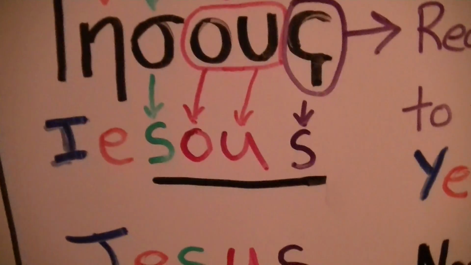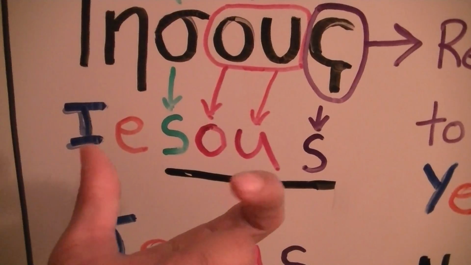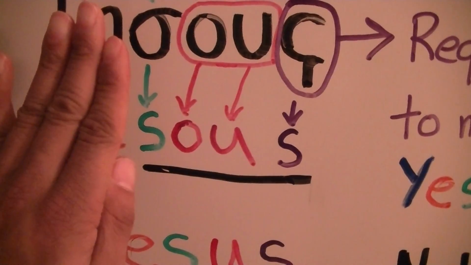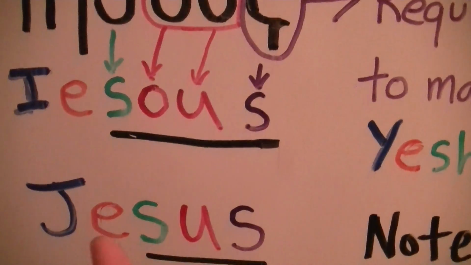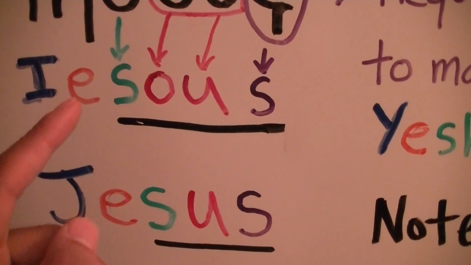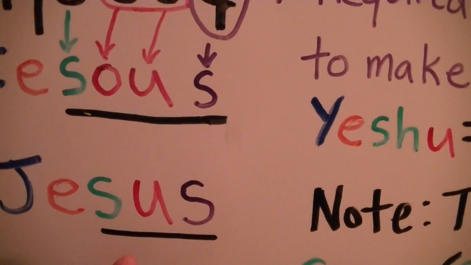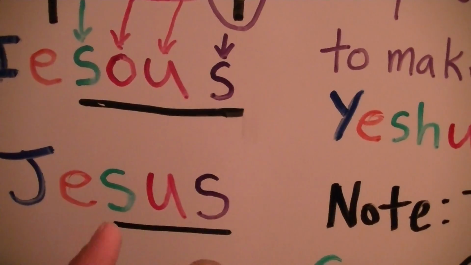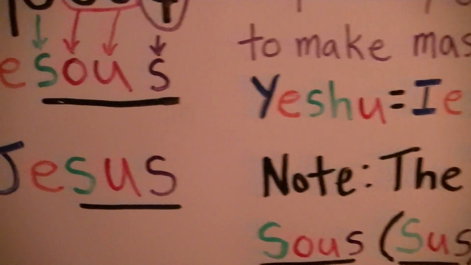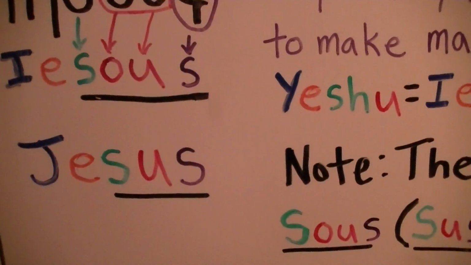Now, what happens is this part right here, which stems from a word that means salvation, when this S gets added, someone tries to chop it up right here and add this part to this S, and the name Jesus, as you see, the I to the J, the E to the E, the S to the S, the OU to the U, and the S. What they try to do is take a piece of the part that means salvation, and take the S and tie it to something else, suggesting that it means pig, when it really doesn't.